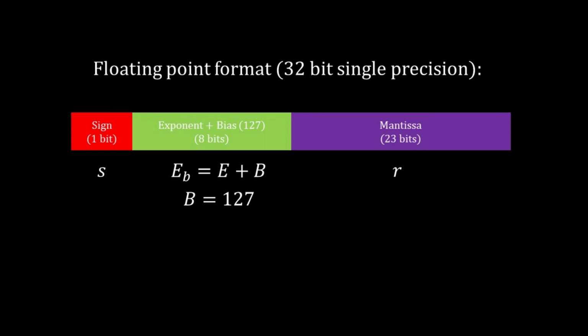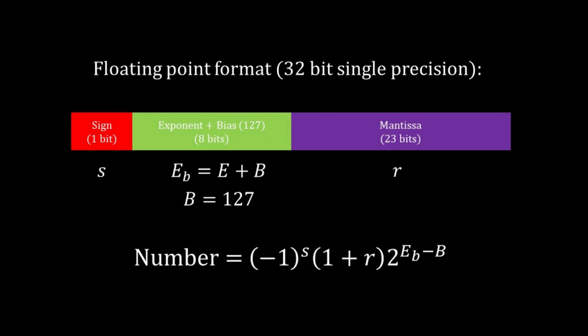And finally, we store the mantissa, which is the string of bits representing negative powers of 2, in 23 bits. At the end, the number represented in floating point is -1 to the power of s. This is positive if s is 0 and negative if s is 1.